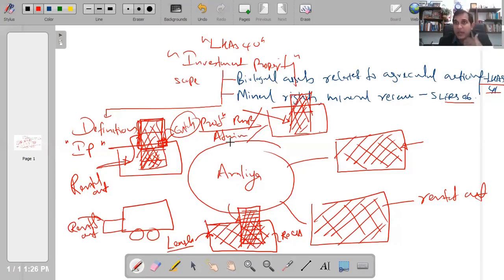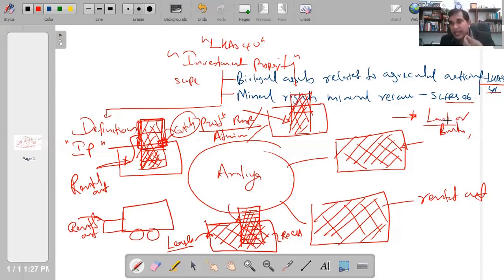Now we'll try to understand what are investment properties and what are not investment properties. Investment properties means land or building or part of a building or both, kept for capital appreciation or earning rentals.